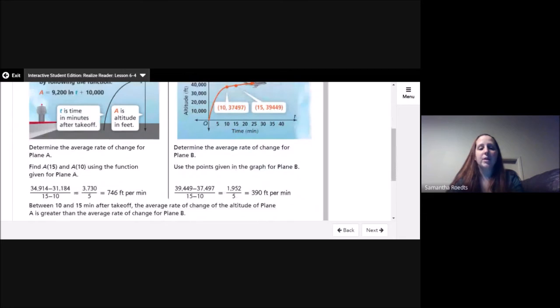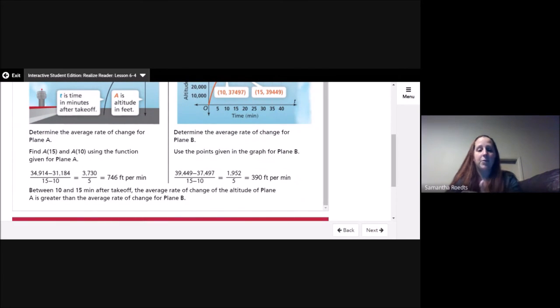So I determined the average rate of change for plane A and then for plane B. So I find A at 15 and A at 10 because those are the two numbers that they gave me for plane B. So at A of 15, I get 34,914, and at 10, I get 31,184.